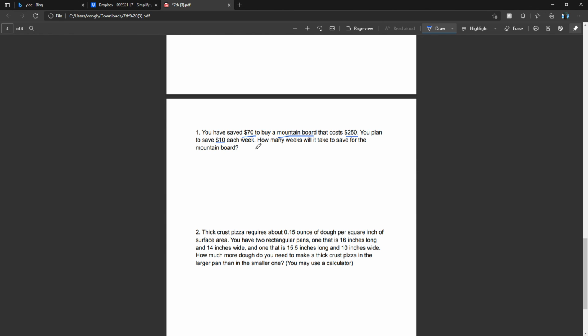So first we have to look at how much it costs, which is $250. And right now we have $70, so we subtract 70 from 250 to see how much money we need. So then we should get 180.